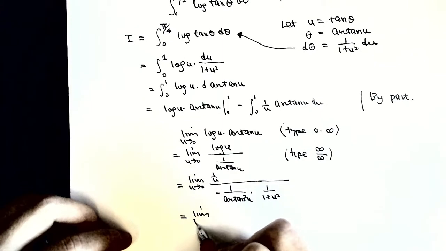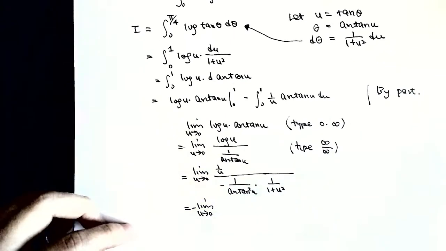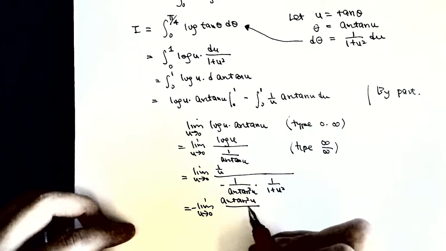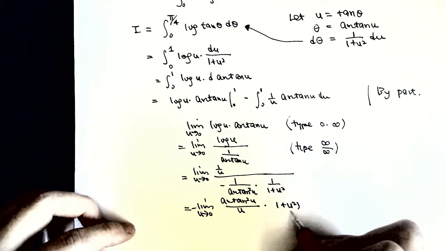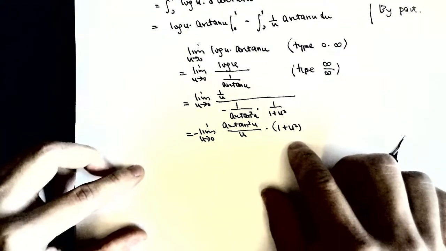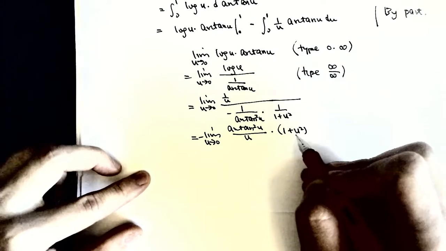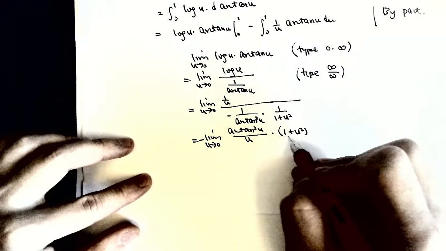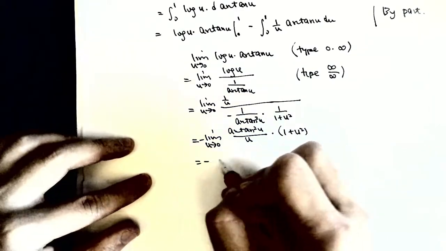What we have becomes the limit as u goes to 0 of minus arctangent squared u over u, times 1 plus u squared. Since we input u equals 0, this part will be 1, and here it is still 0 over 0, so we can split these into two limits.